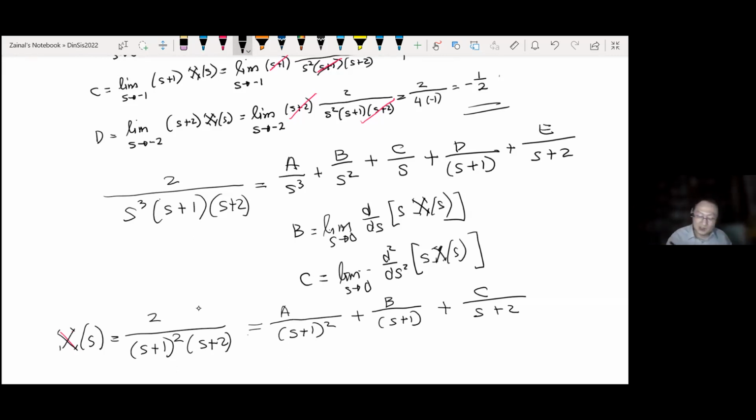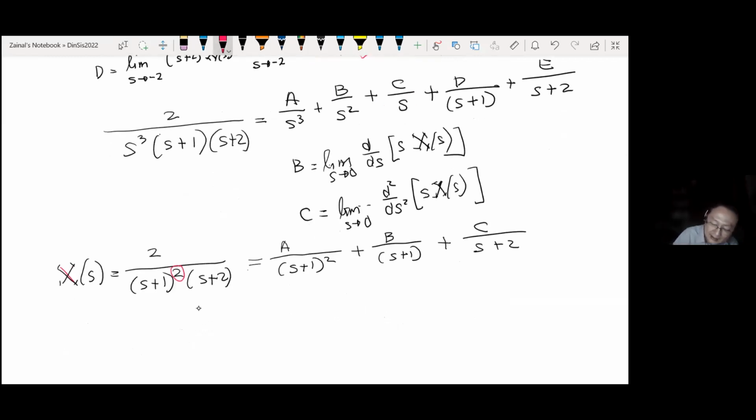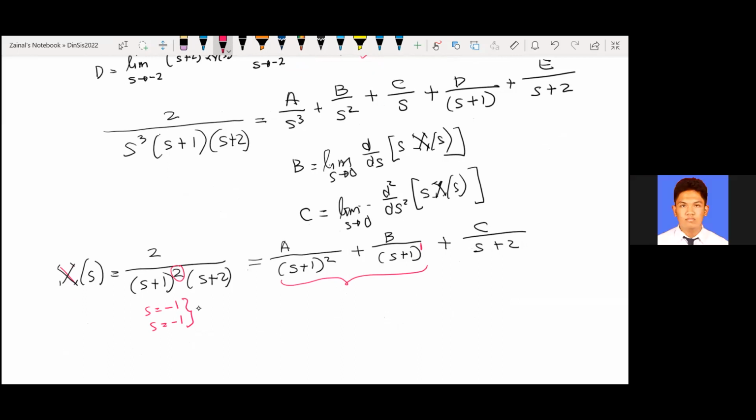Why do you repeat? Because you have a double root. This one occurs at s equal to -1 and s equal to -1. Because this one is double, you have to treat it like this. Order 2, this one is order 1. So that one is a special case. If you have power 3, then s power 3, s power 2, s power 1. Any question?